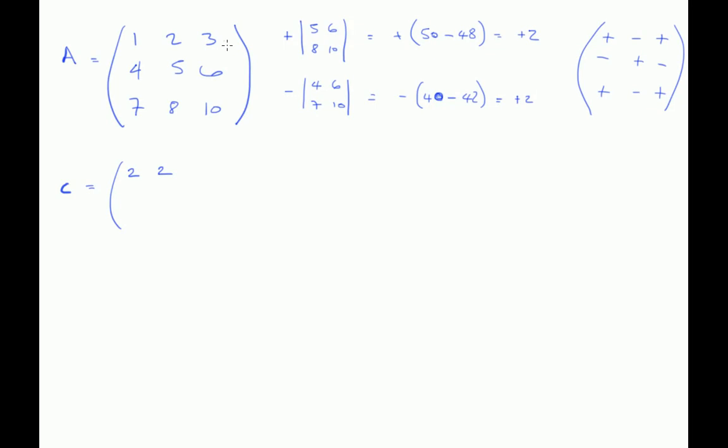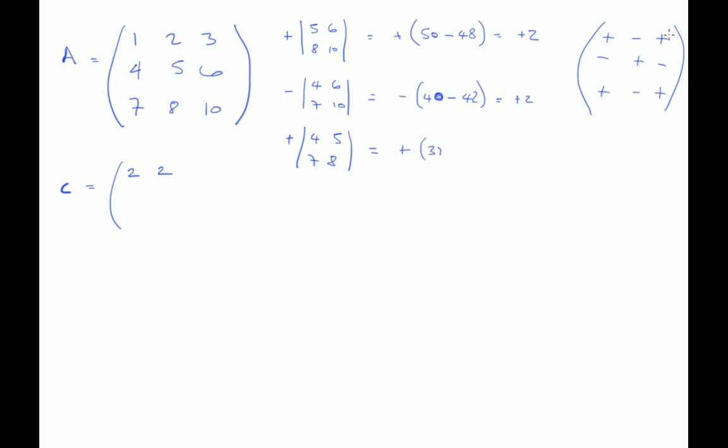Similarly, we are plus the determinant for this location here. We have the determinant of 4, 5, 7, 8. 4 eighths are 32, so we're plus 32.